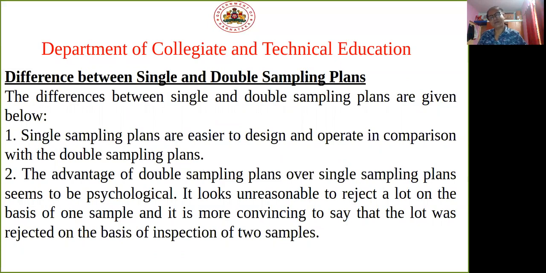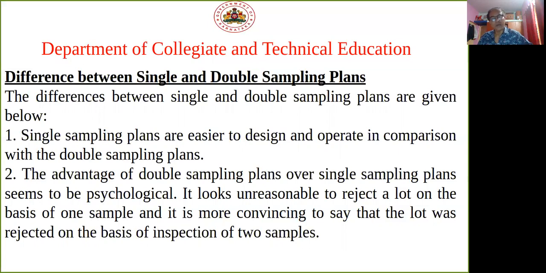So the design of the double sampling plan is quite tedious compared with the single sampling plan. So single sampling plans are easier to design and operate. So that is the difference.